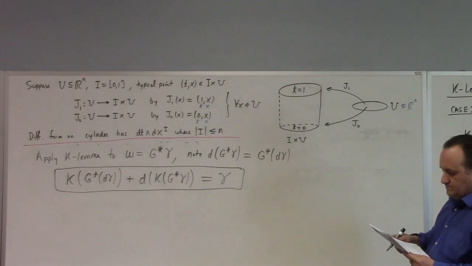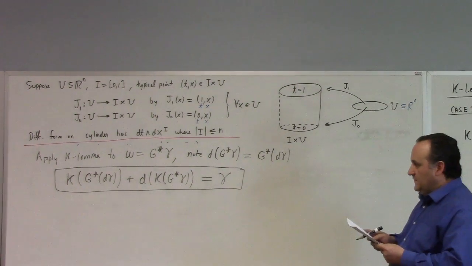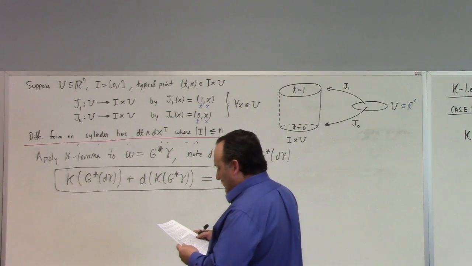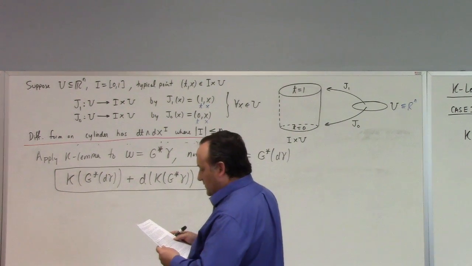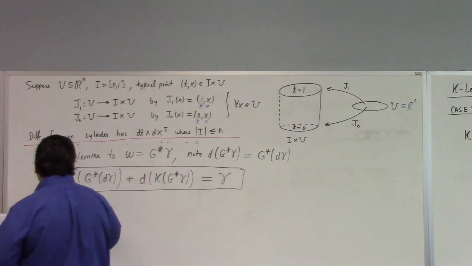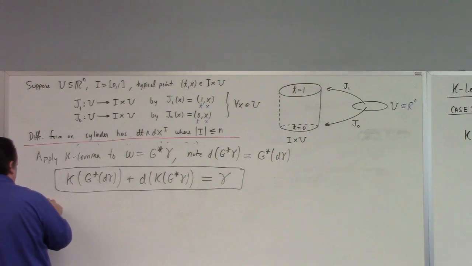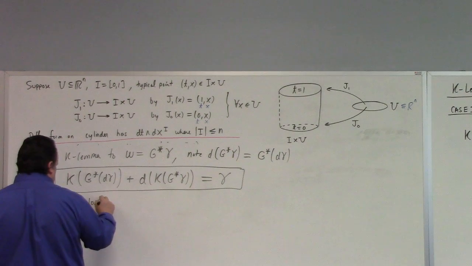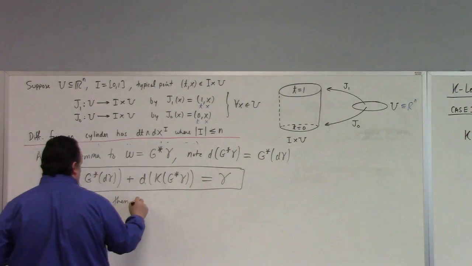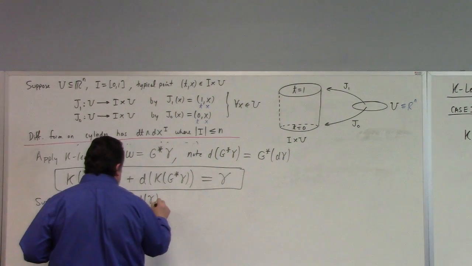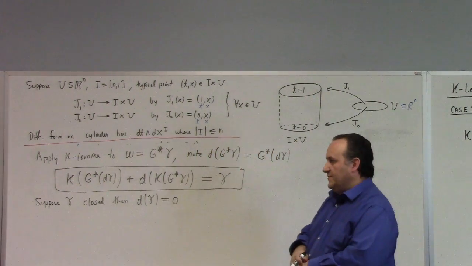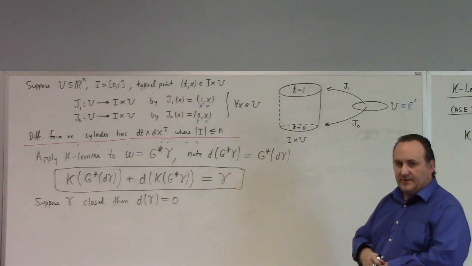Because if gamma is exact, well, that's what we want. So suppose gamma is closed, all right? Then d gamma is equal to 0, right? But what happens if we take the exterior derivative of the boxed lemma?